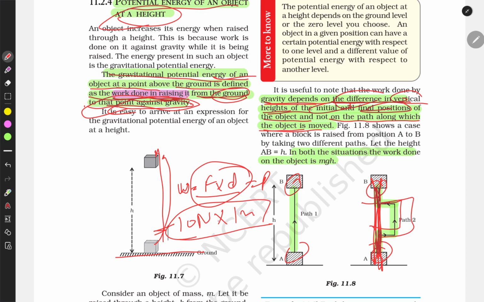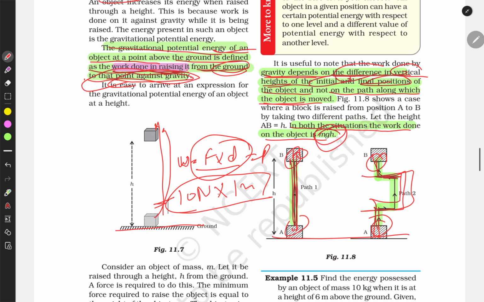The actual distance might be more than the minimum distance. In both situations the work done will be mgh. In both cases the object is lifted, one this way and one straight up. In both ways we calculate the initial and final vertical position only, not horizontal positions. So the work done will be the same as the height is the same.